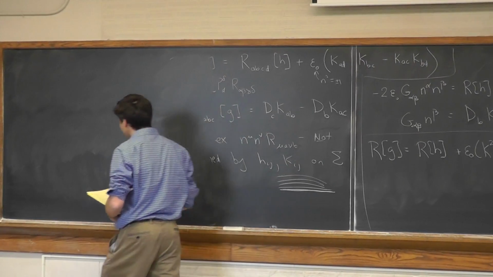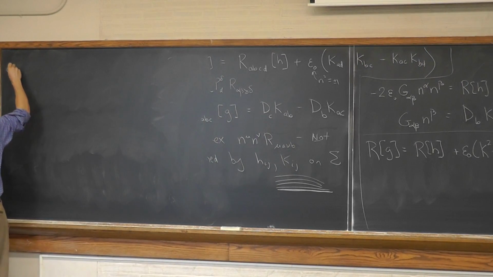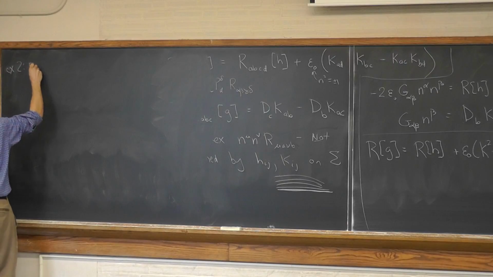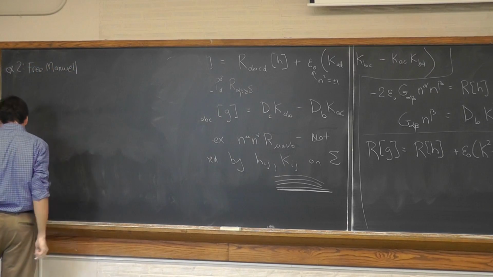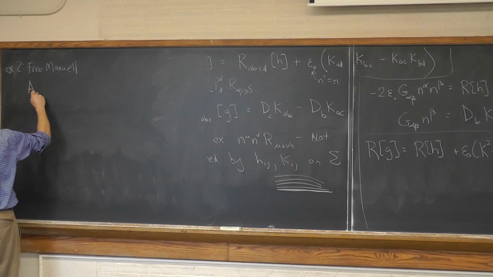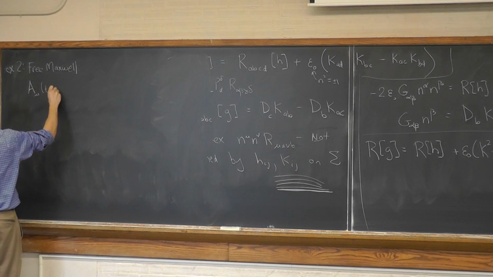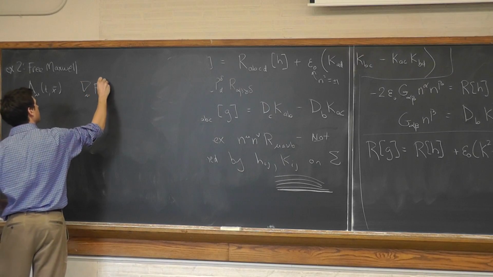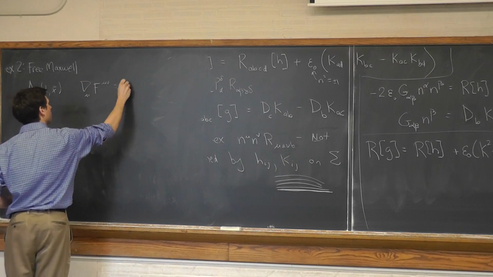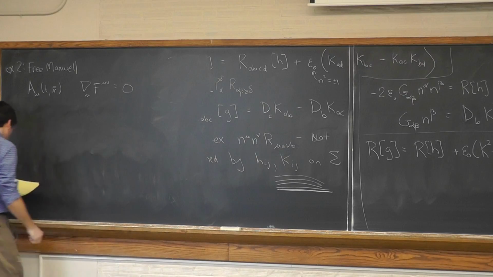Although there are differences there too, so let me give example 2. Free Maxwell. The dynamical variable here is the vector potential, A. And the dynamical equation is Maxwell's equation, grad mu F mu nu is equal to 0.